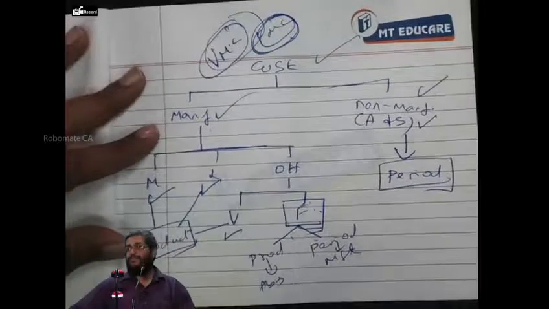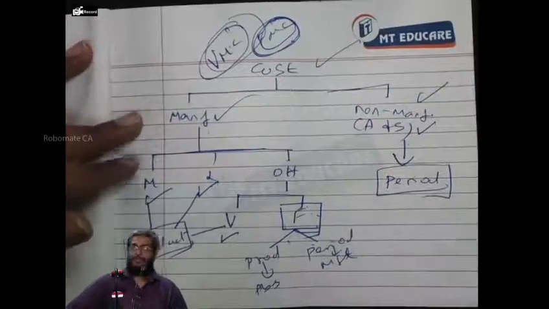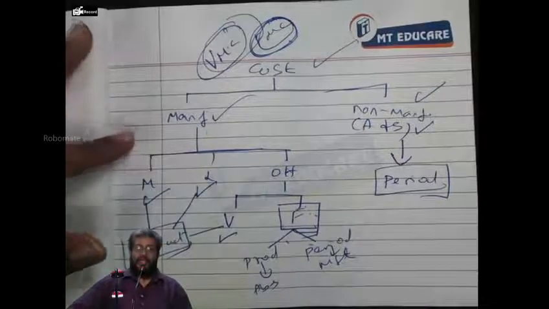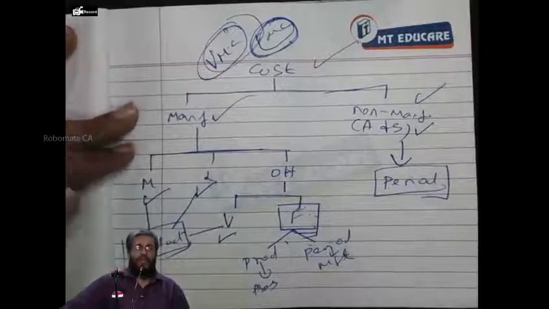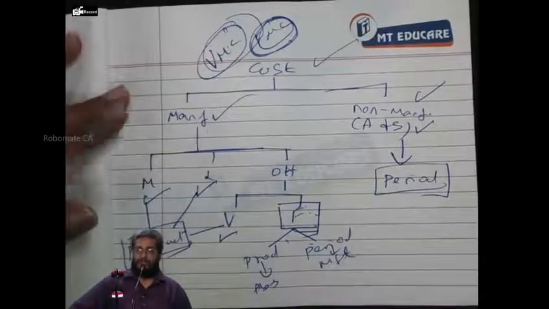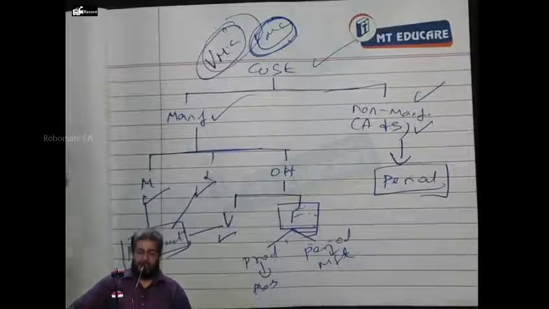Point number 3 or 4? Point number 5. Hence, in absorption costing, we should unitize.